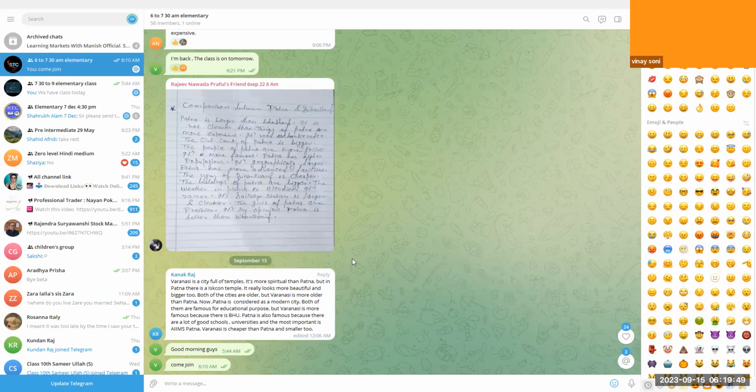Patna is also famous because there are a lot of good schools, universities, and important is AIIMS Patna. Varanasi is cheaper than Patna and smaller too. Good job, Kanak. Okay, just remember, don't use the comparative when you don't need the comparative.